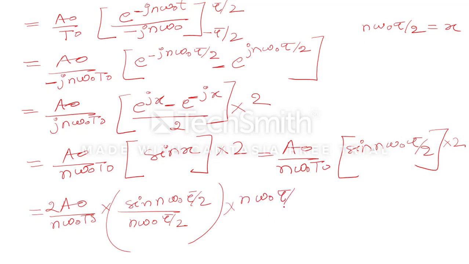So this is a sinc function. The n, omega naught and 2 will cancel out. Finally we get a naught tau by t naught times sinc of n omega naught tau by 2. So this is our Cn value.